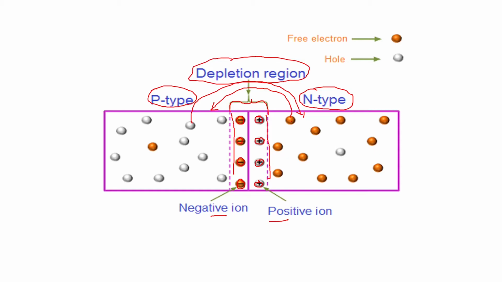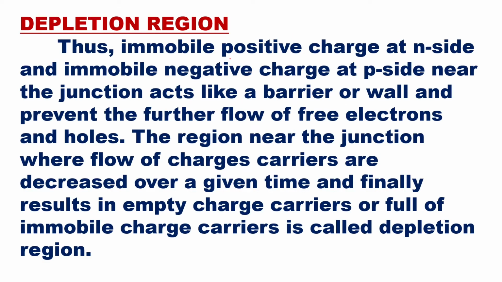So we'll see the definition for that. Depletion region: the immobile positive charge at the n side and immobile negative charge at the p side near the junction act like a barrier, like an obstruction or wall, and prevent the further flow of electrons and holes.